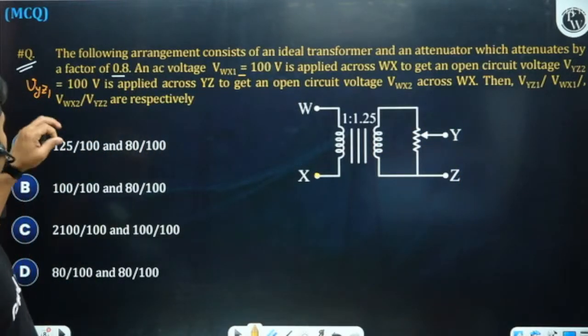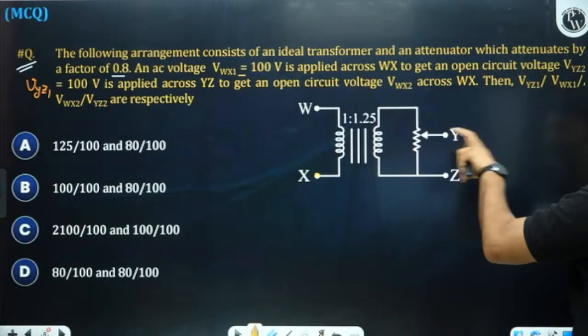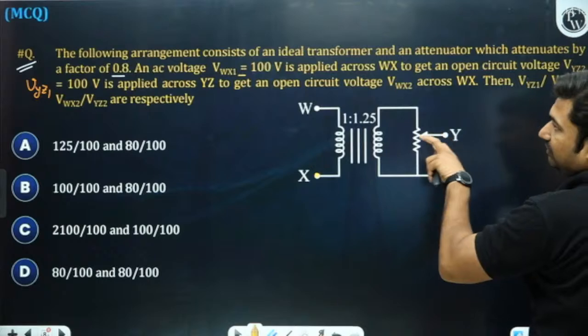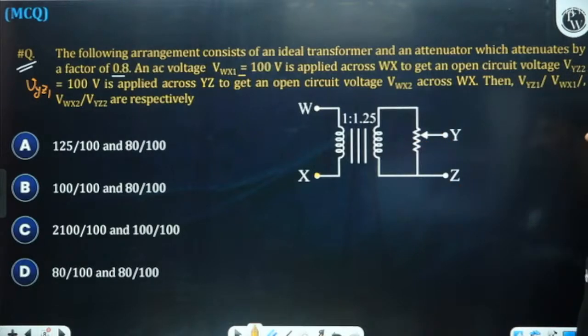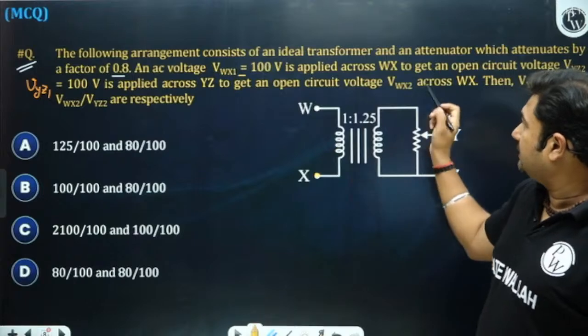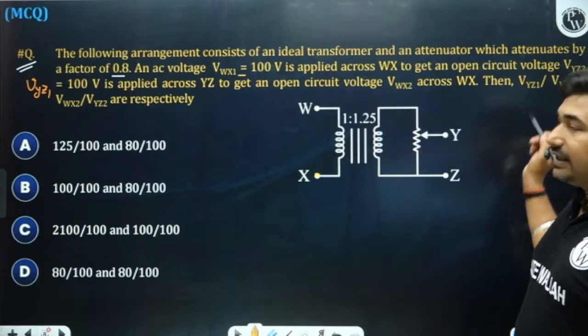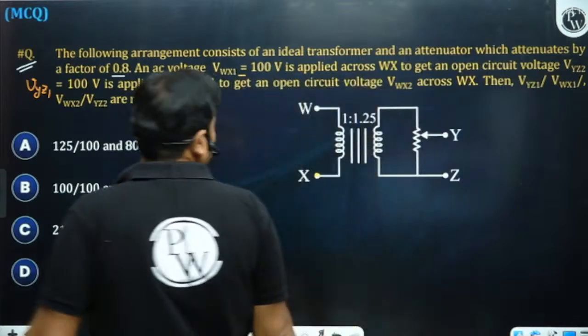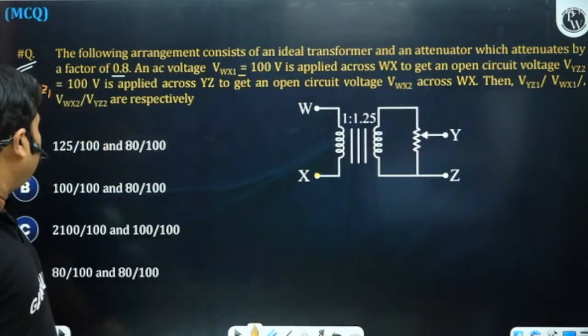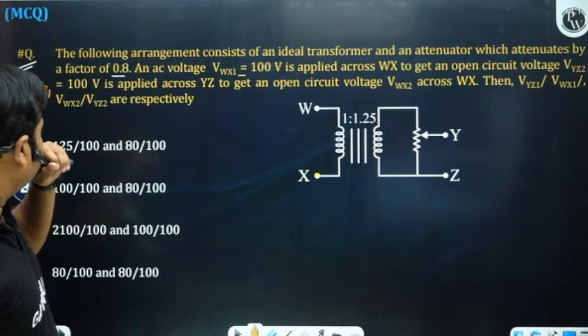And when 100 volt is applied across YZ as VYZ1, the open circuit voltage obtained across WX is VWX2. You need to find the ratio of VYZ1 upon VWX1 and VWX2 by VYZ2.